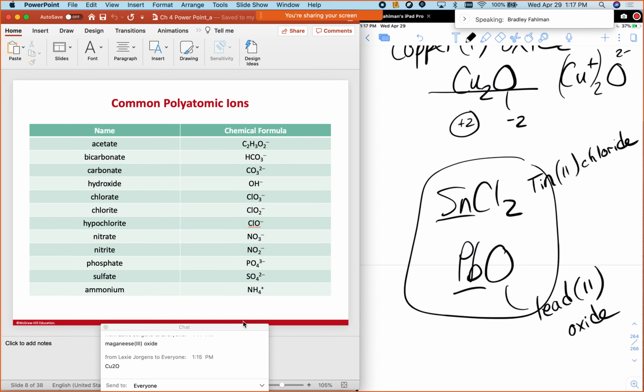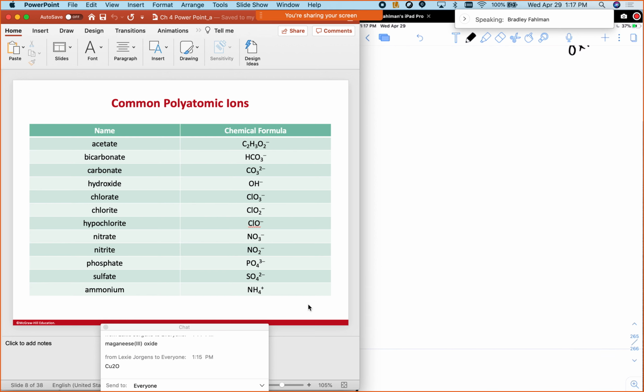I will stick to only these ions. But you could have some questions like, let's do a complicated one. What about this? What do you think the name for this is?